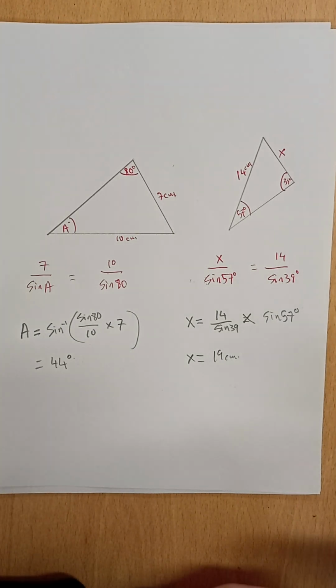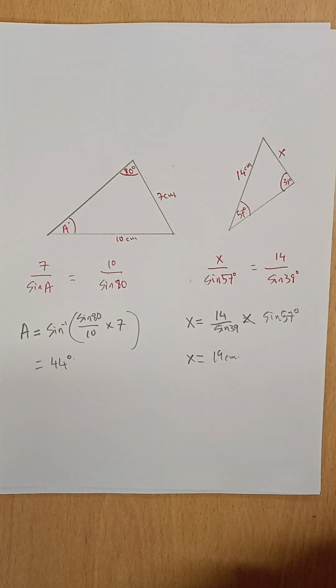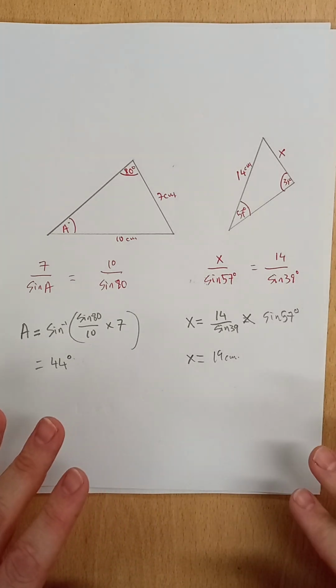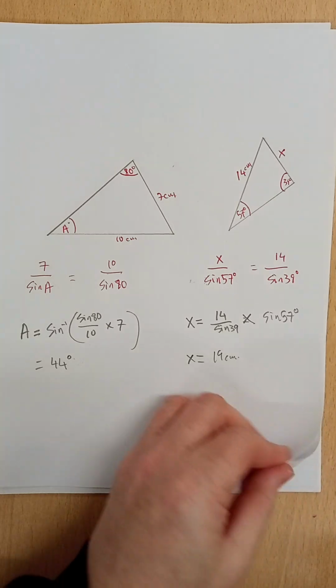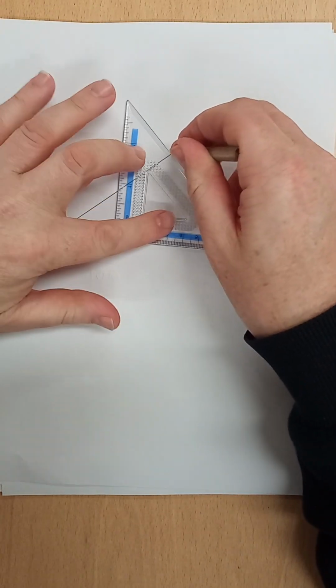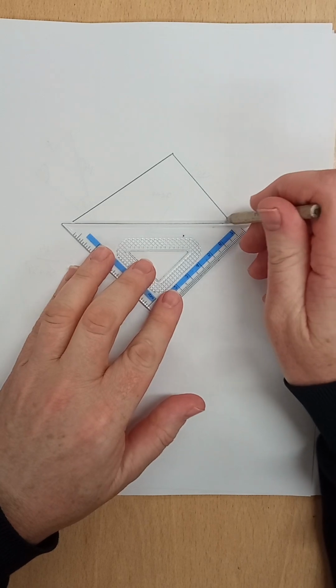Now, for a bonus, you can actually use this to work out the area of a triangle. Let me show you that. If you remember from junior cert, to find the area of a triangle, you need half the base by the height.